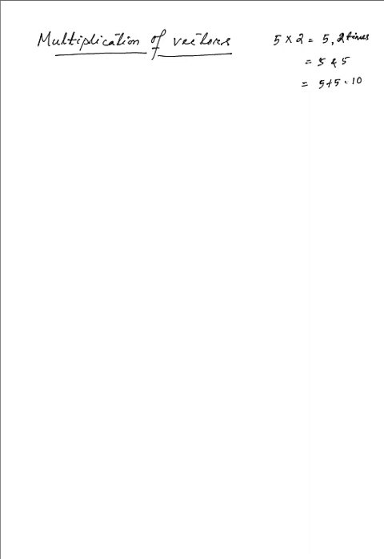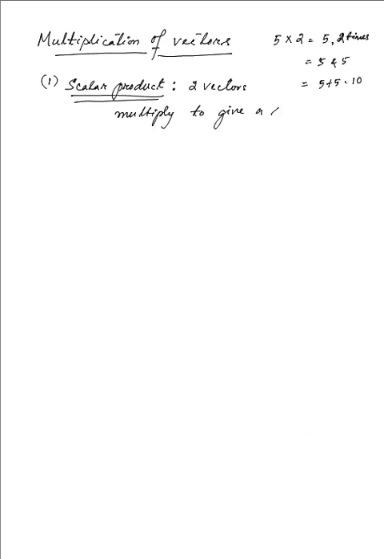Two vectors can be multiplied to give a scalar quantity, and that is known as the scalar product of a vector multiplication, where two vectors multiply to give a scalar. Now, how is that possible? We'll be knowing them in a very short time from now.